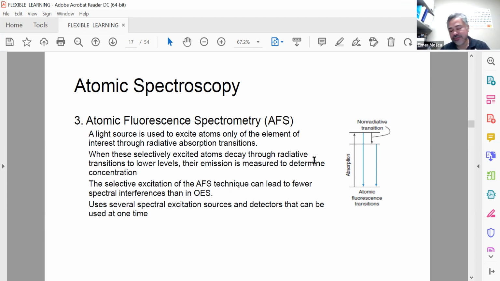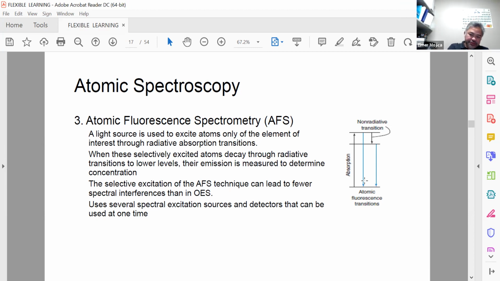When these selectively excited atoms decay through a radiative transition to lower energy, their emission is measured to determine the concentration. The selective excitation of the AFS technique can lead to fewer spectral interferences than in OES, and several excitation sources and detectors can be used at one time.